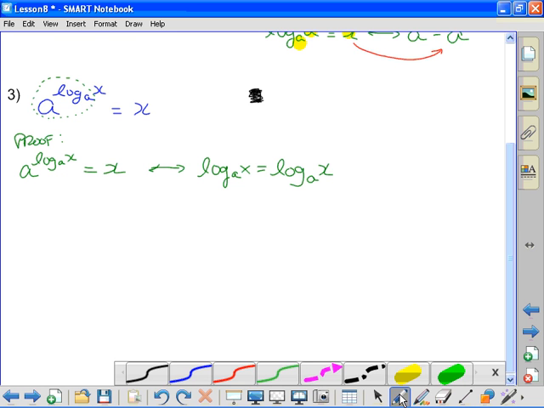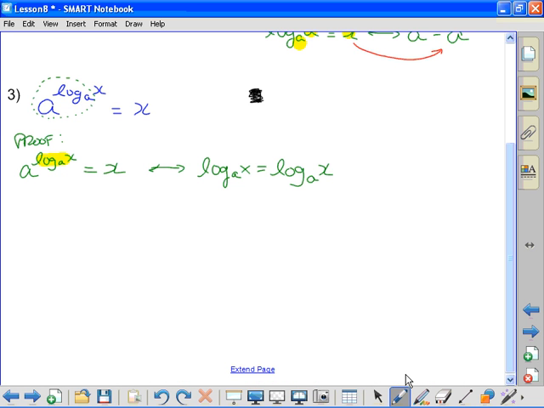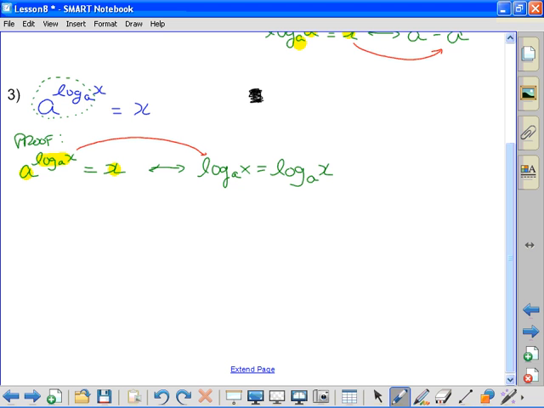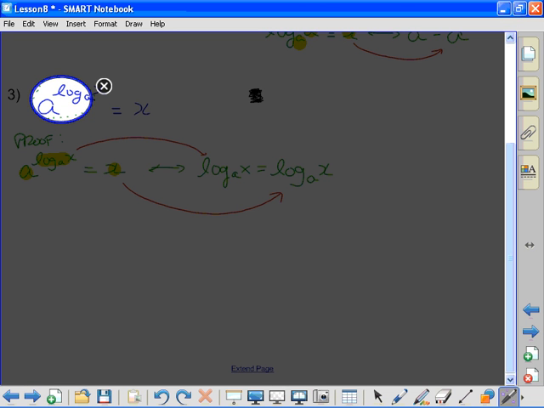So just to help you follow along where everything went, the exponent, that's what that's equal to, and the base and that term is what goes into the logarithm. So again, it's common sense because it's the exact same thing, but it's an inverse operation. So really, when you have base a to the exponent log a, it's undoing each other.